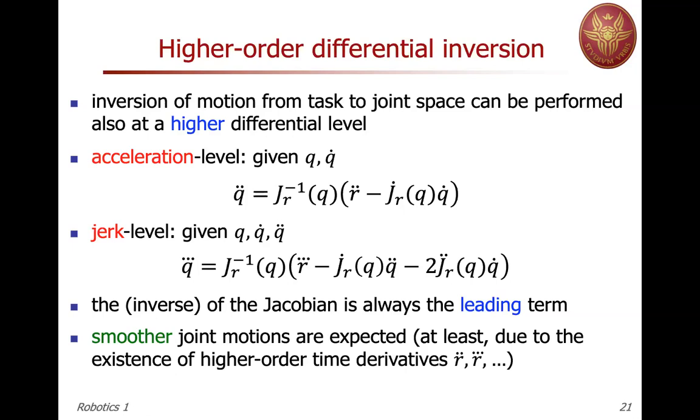Indeed, you may have a bang-bang jerk profile, so you will have a linear acceleration profile, a quadratic velocity profile, and you can start from 0 and get to 0, so you can put boundary conditions in this higher order case. So as a whole, you have smoother profiles once you allow the existence of higher order derivatives, and then it makes sense to invert at that order.